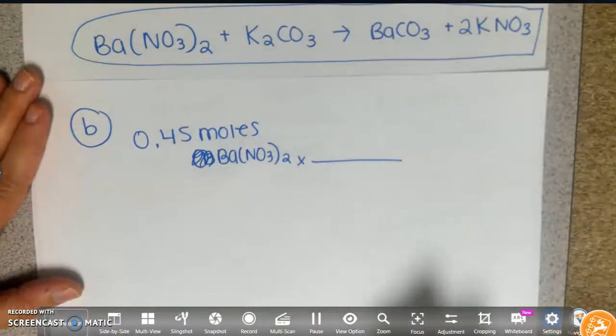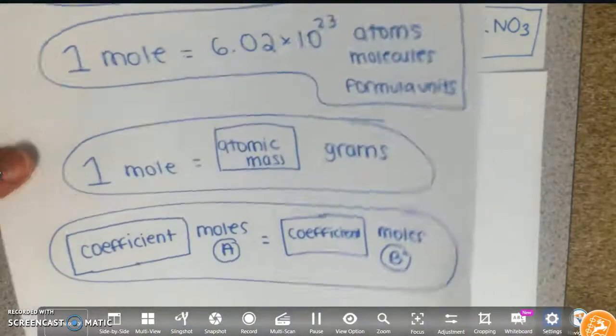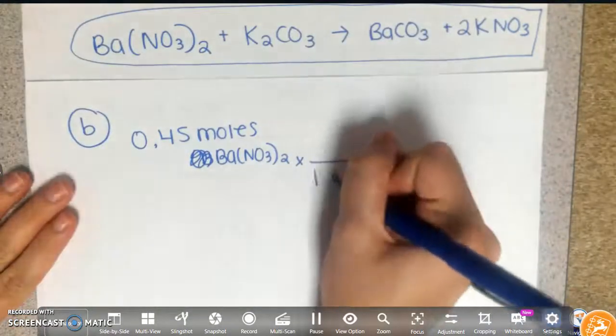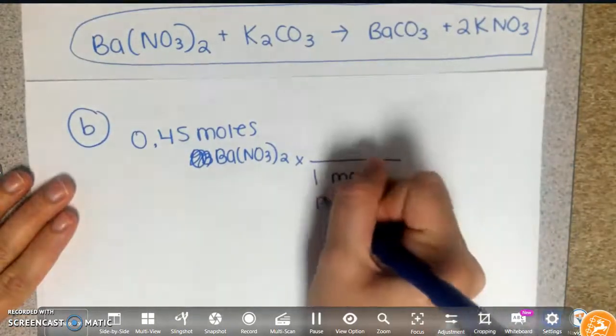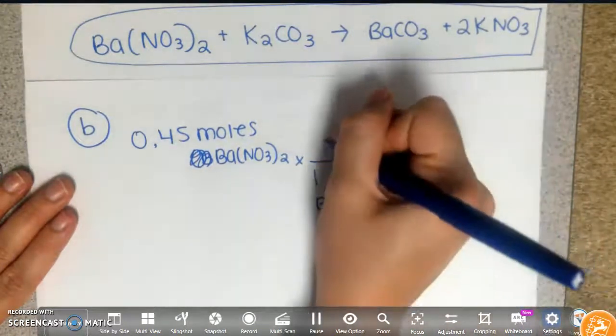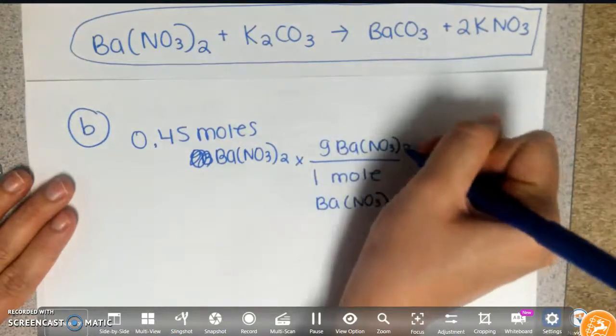Now I want to solve for grams of this. A lot of people will mess this up, and please don't write my next step because I'm going to have to rewrite it. They say, okay, I have moles, I can go from mole to gram. And so they'll write 1 mole Ba(NO3)2 is grams Ba(NO3)2.